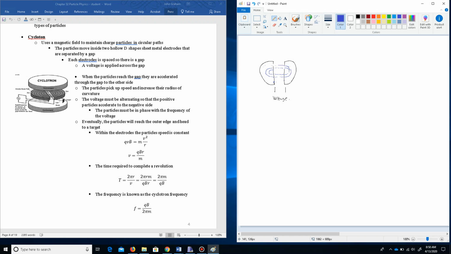It continues and continues, and here it uses the voltage to accelerate the particle. So it increases its speed, which increases its radius.